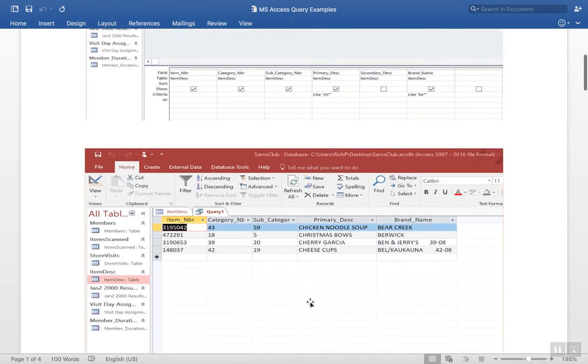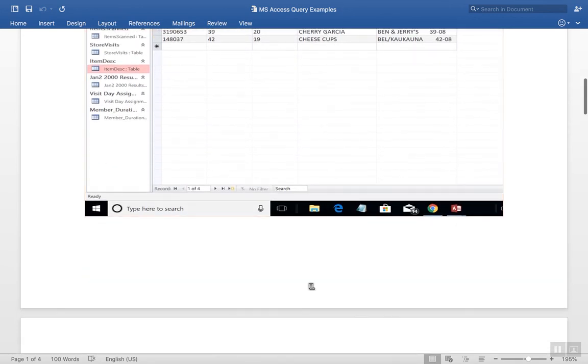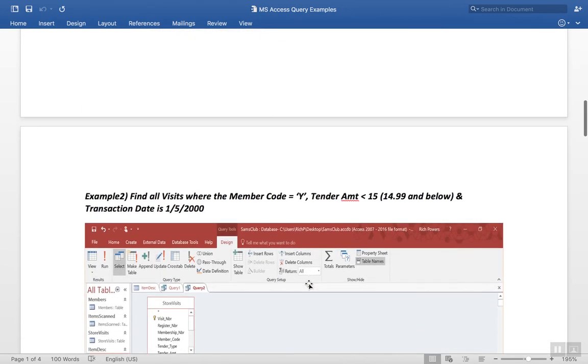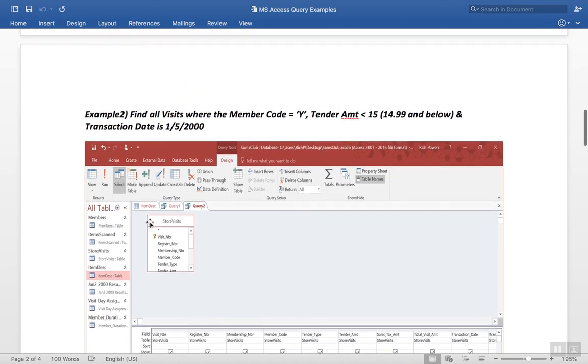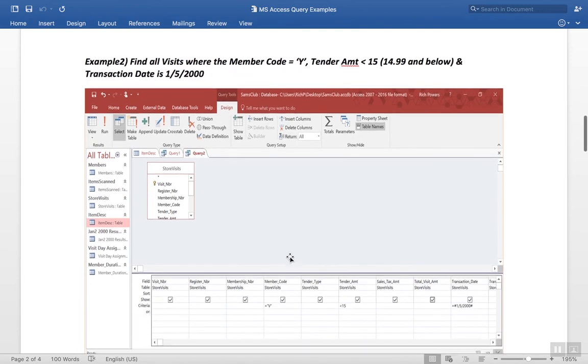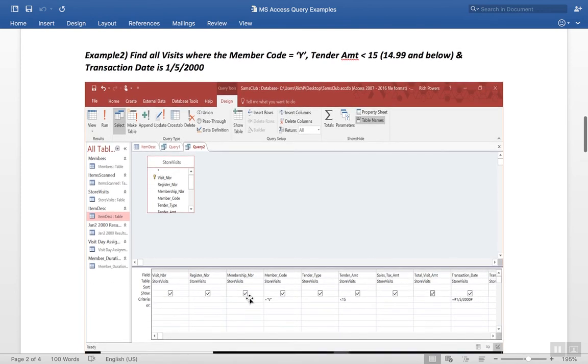And here are the results. CHBE. Here's another one, also a single table. Look at all of our entries. We're going to return all of the fields.